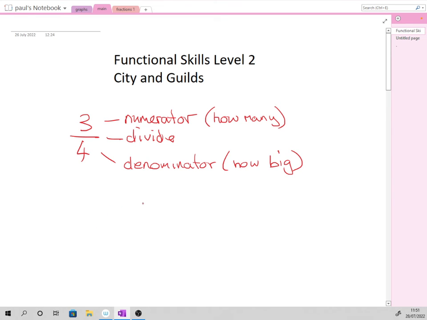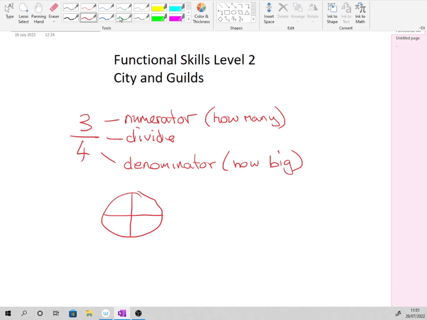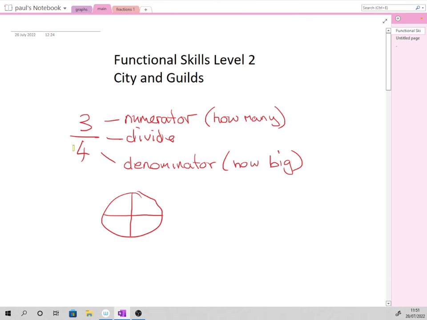So we could do something like this: I've divided that circle up into quarters, and if I'm going to represent this fraction, 3/4, I've got 1, 2, 3.